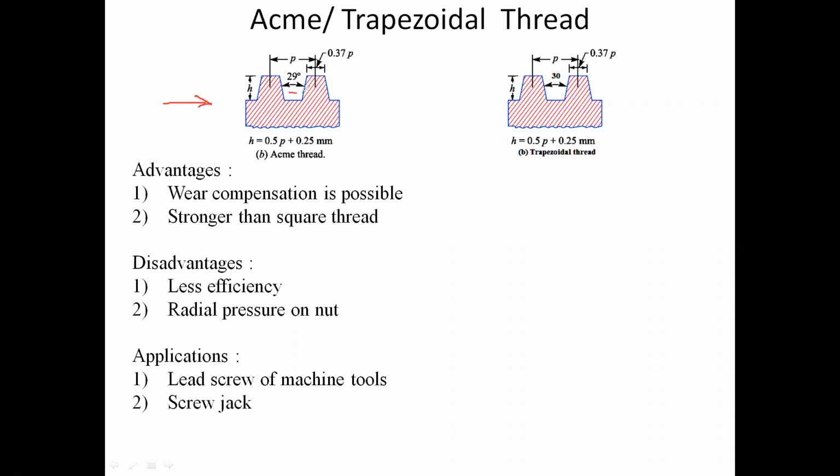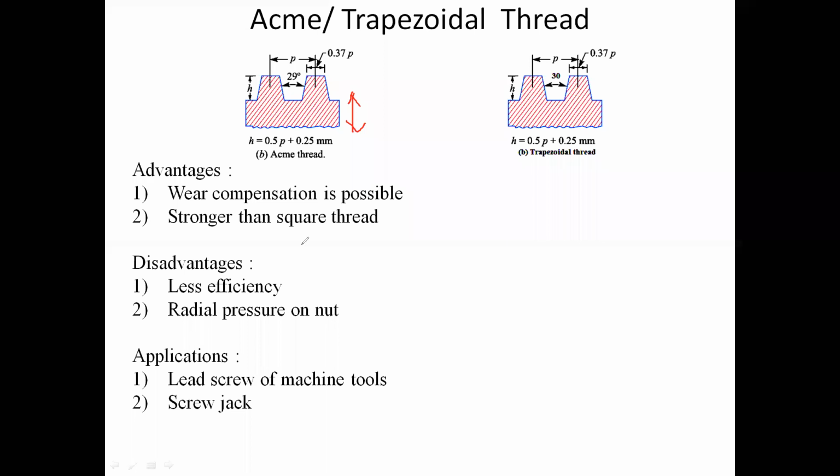If you place the direction of force here, there are two components: one perpendicular and one parallel. So it is going to resolve in two ways, and then there is a radial pressure on the nut, because there is a force along the radius.